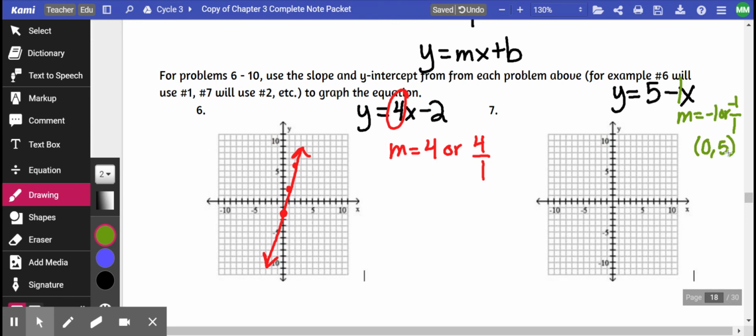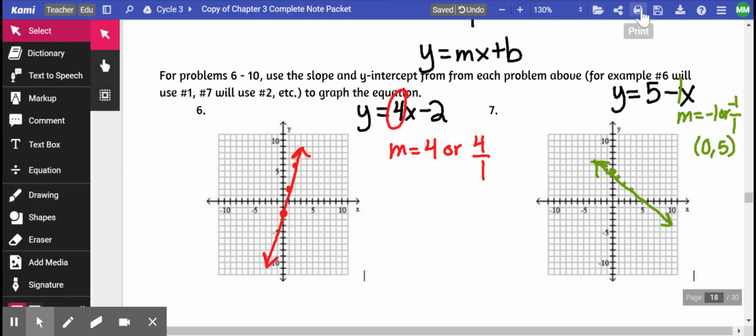So I'm going to start at the y-intercept, (0, 5). And then my slope is down 1/1, so it's just going to be down 1, right 1, down 1, right 1, and so on. You can keep going to make a straighter line, and make sure that you have your arrows on the line. Okay. We're going to do a few more on the next page.